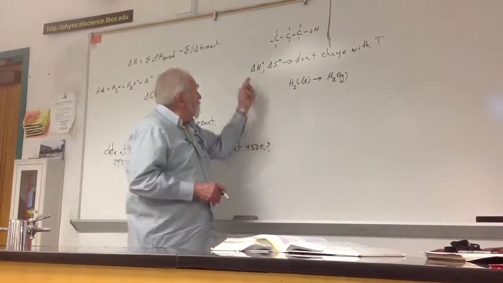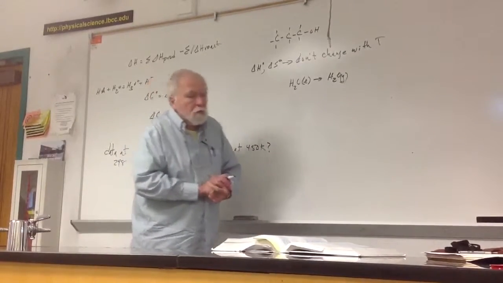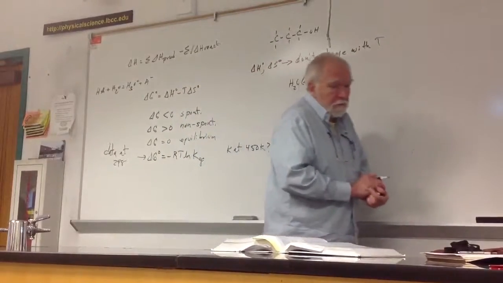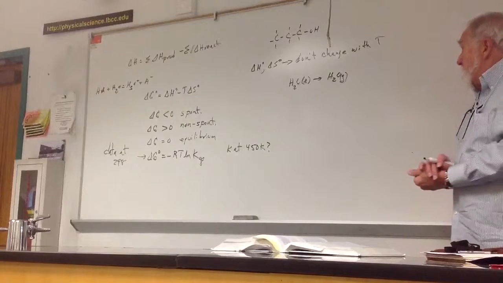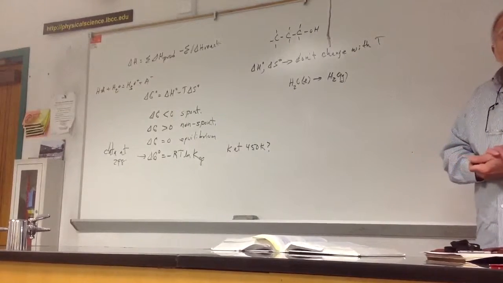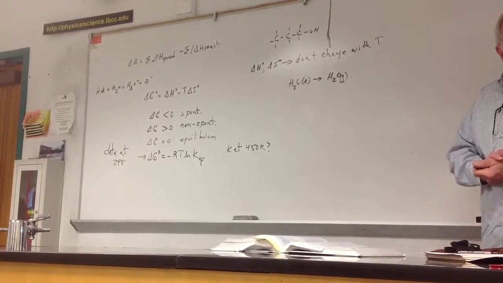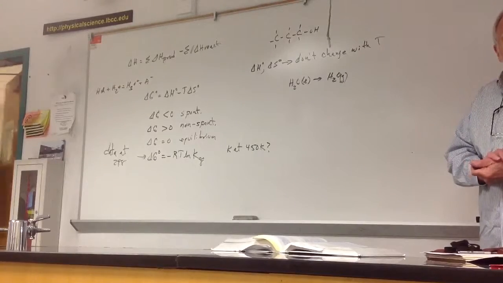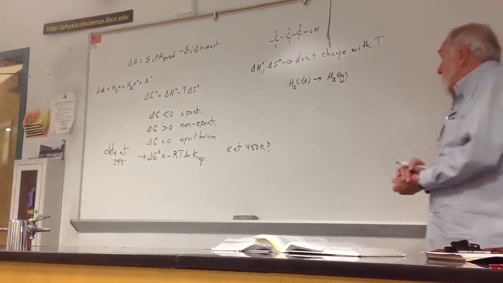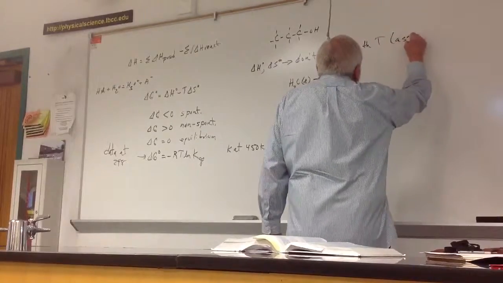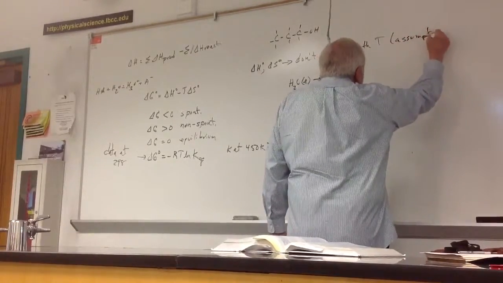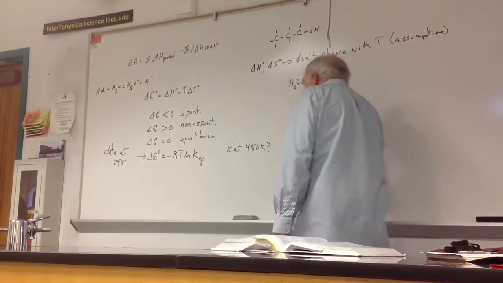And the same thing happens for delta H, although that is more sensitive to changes in temperature. It doesn't matter whether it's an increase or a decrease. So delta H is more sensitive, but again, most of the things we do assume that it doesn't change with temperature. So that's a hidden assumption that underlies everything you want to do.